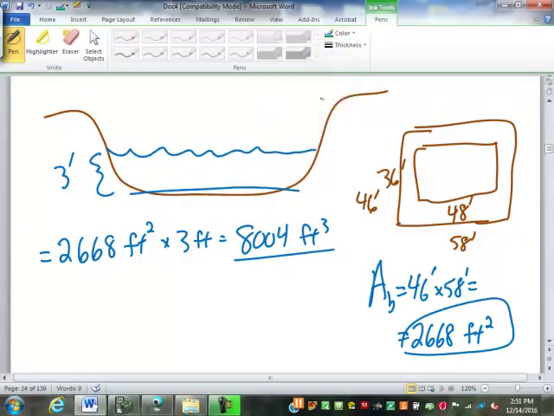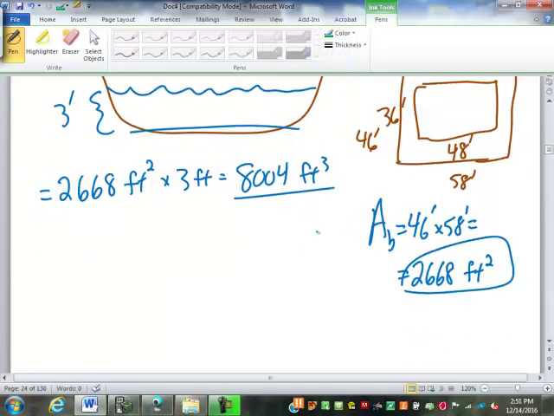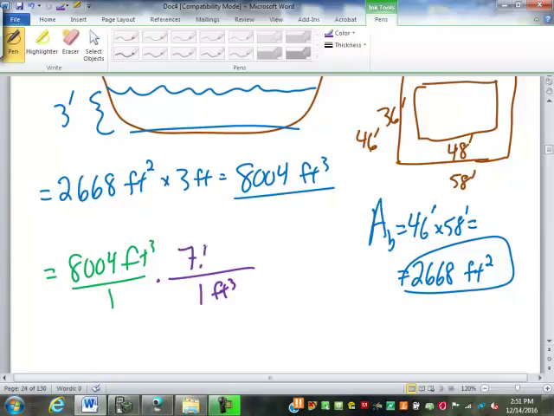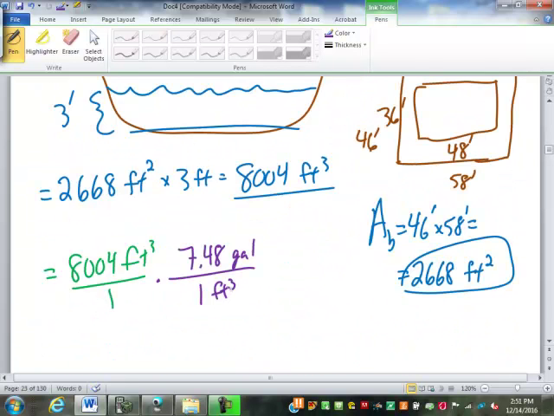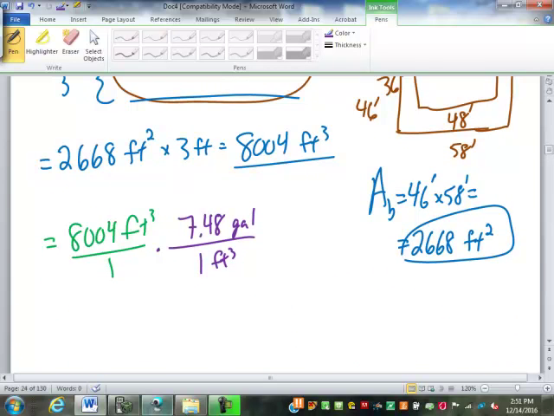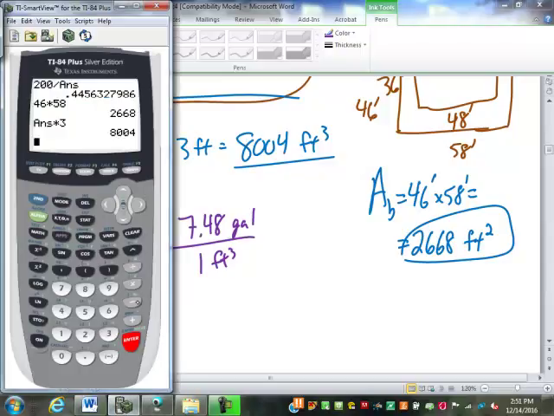So let's convert that into gallons. 8,004 cubic feet over 1. Put 1 cubic foot on bottom, and it's 7.48 gallons per cubic foot. So it's 8,004 times 7.48.